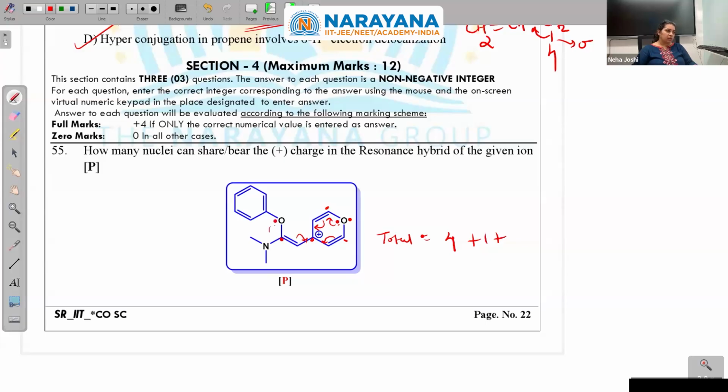If plus is here, this lone pair can participate, or this nitrogen lone pair can participate. And when they participate, the charge will be positive on these donors, so plus 2. Right? So 4 plus 1, 5, and plus 2, 7. 7 should be the answer for 55. Okay? Is that absolutely clear? Please check. You should draw the hybrid and see wherever you are getting that positive charge on oxygen due to this plus. Okay, so the answer is 7.